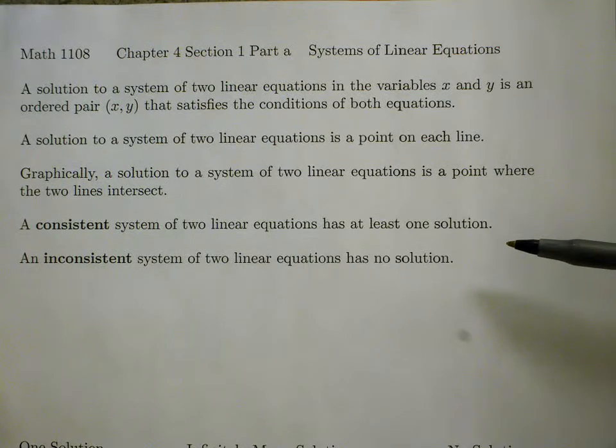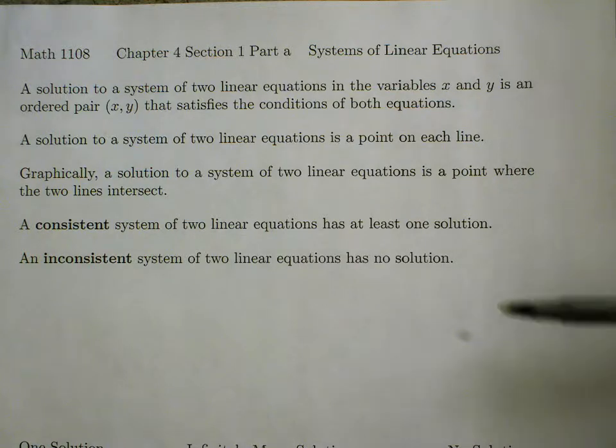A consistent system of two linear equations has at least one solution, or the lines intersect at least one point, if it's a consistent system. An inconsistent system of two linear equations has no solution.